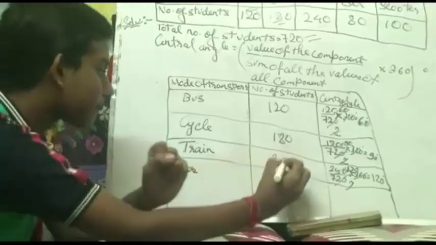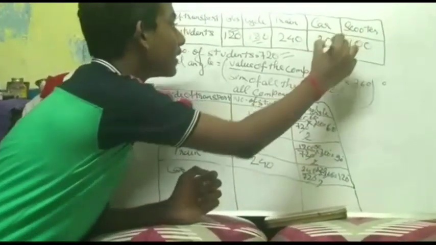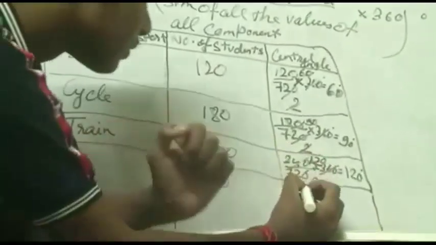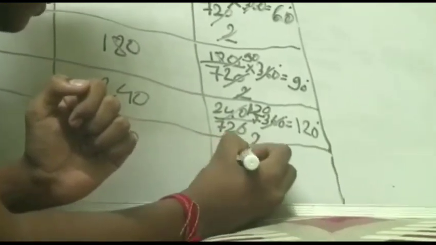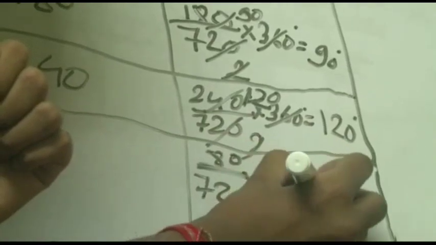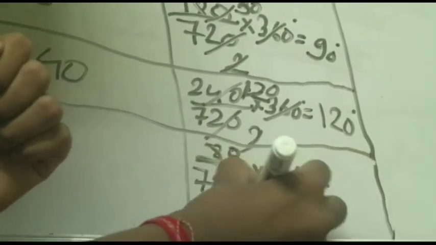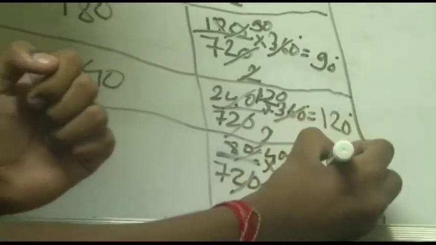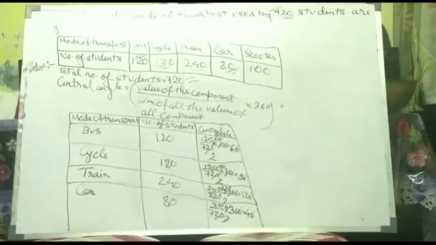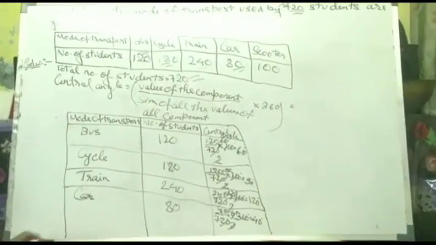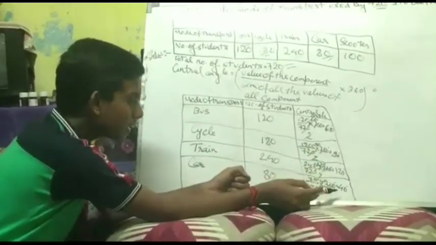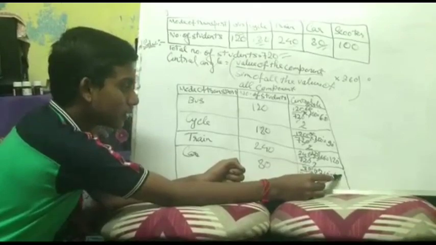Car is how much? 80. 80 by 720 into 360. 360 by 720 is 2, 2 into 40. The answer is 40 degree. First one is 60 degree, second one 90 degree, third one 120, and fourth one 40 degree.